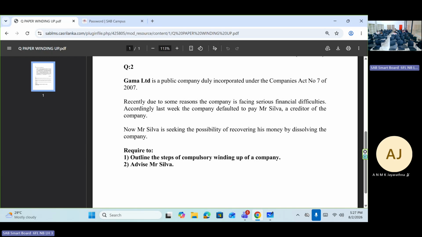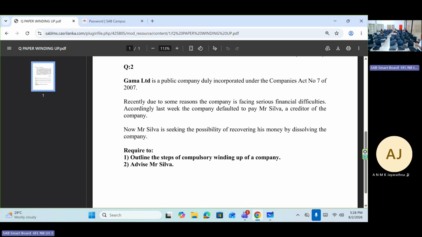Within 3 weeks' time, we have to give a grace period to the company. If within 3 weeks the company is unable to settle the money, then Mr. Silva can make an application to court.